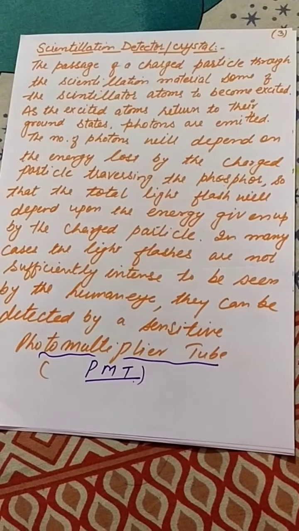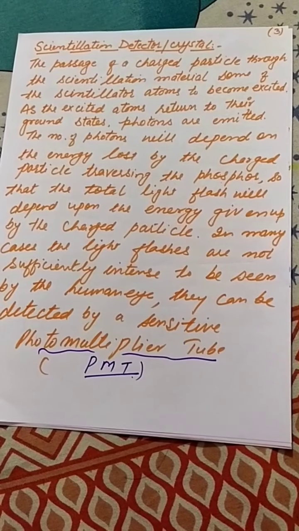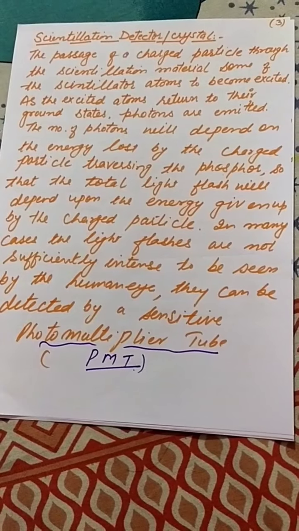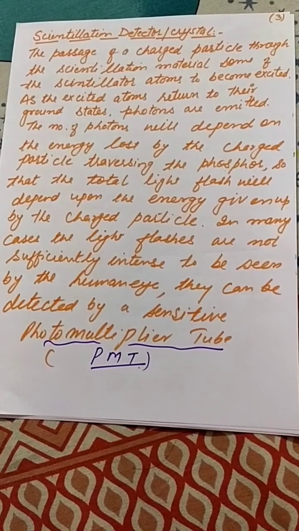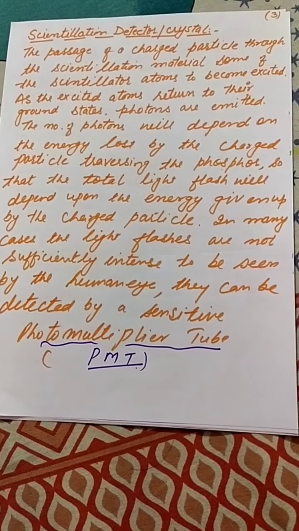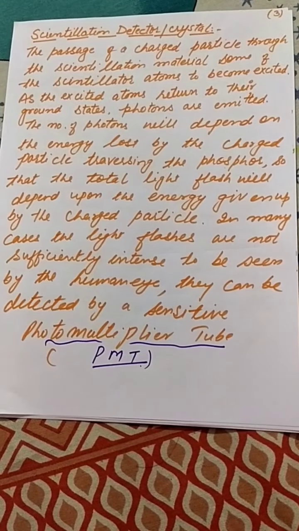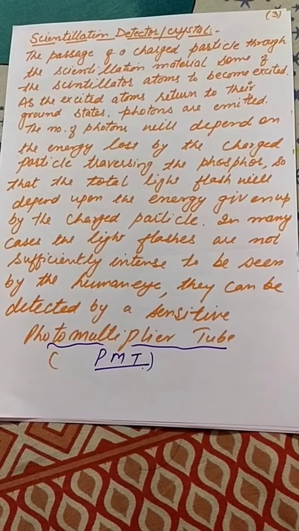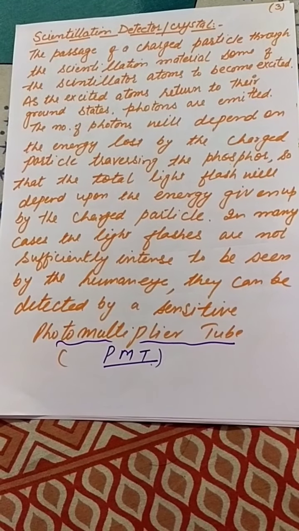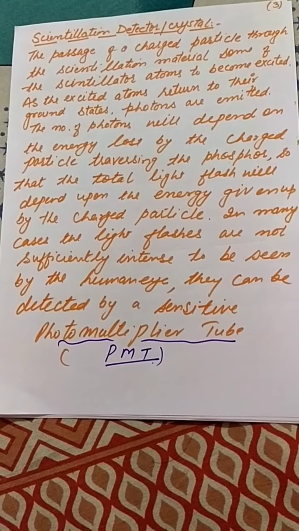Now the scintillation detector crystals. With the passage of a charged particle through the scintillation material, some of the scintillator atoms become excited. As the excited atoms return to their ground state, photons are emitted. The number of photons will depend upon the energy lost by the charged particle traversing the phosphor.